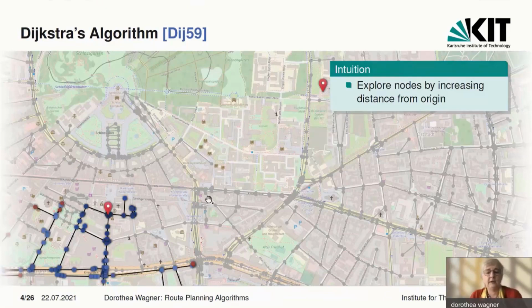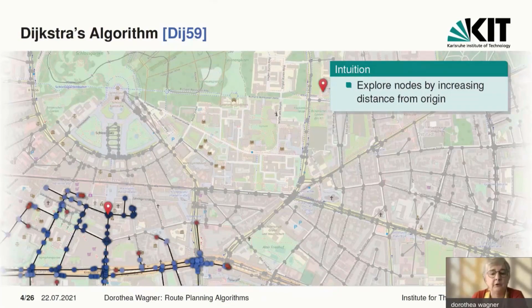So at every step, another set of nodes is explored, and the red nodes you see, these are the currently explored nodes that can also be called the search front of this search or this exploration.